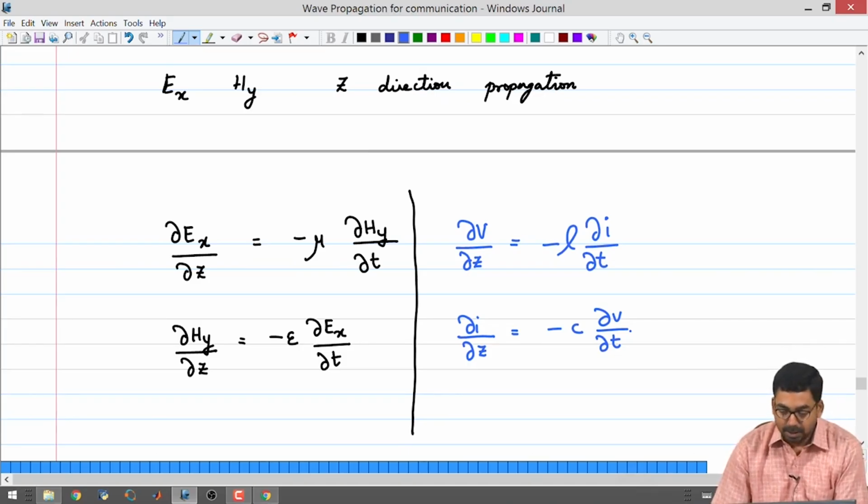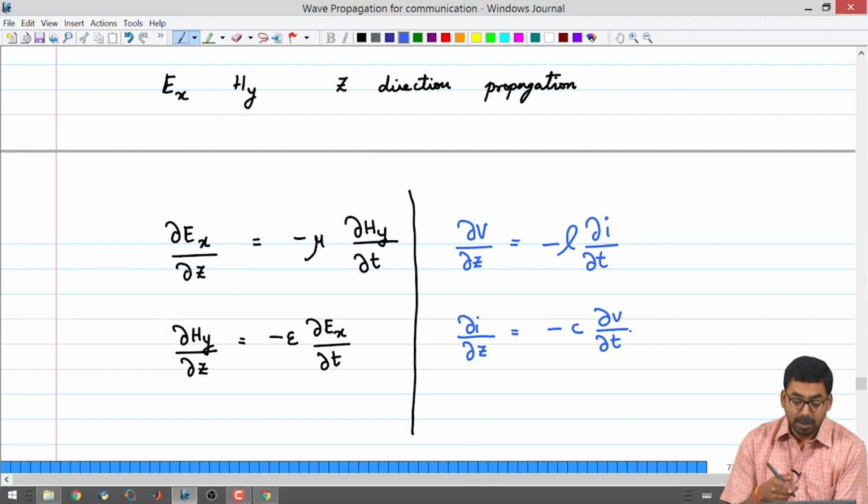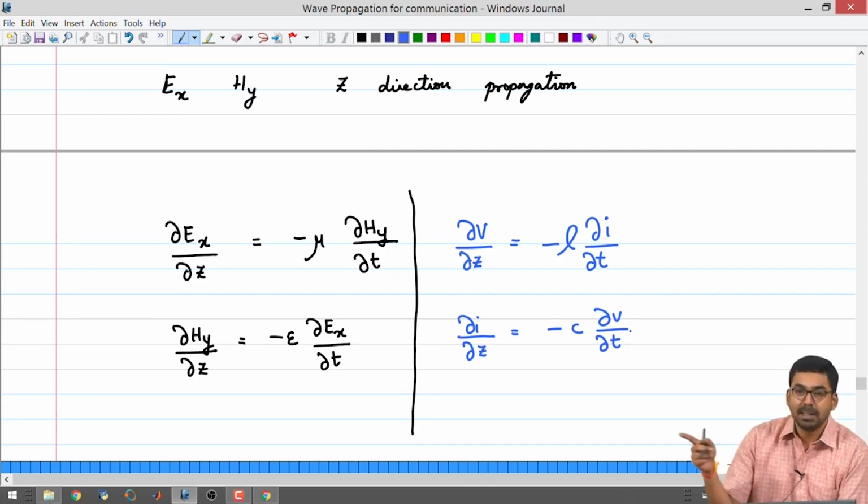And at this point it should be abundantly clear that all we are doing compared to transmission line is changing variable names. Wherever a current occurs, you just changed it to magnetic field, and the unit for the magnetic field is ampere per meter, alright, you are changing the units. So, if you are making the left hand side from ampere to ampere per meter, the right hand side should change from say volt to volt per meter.